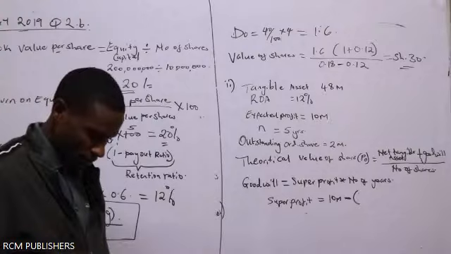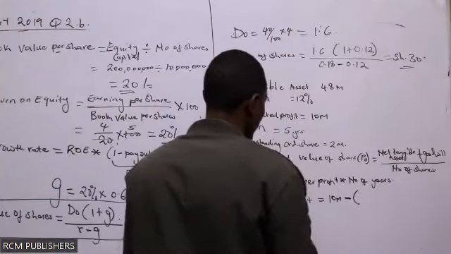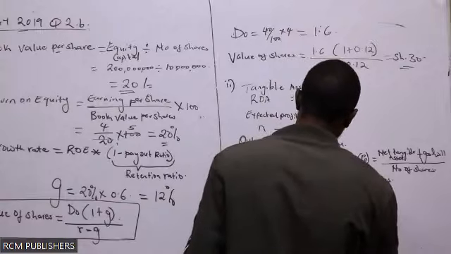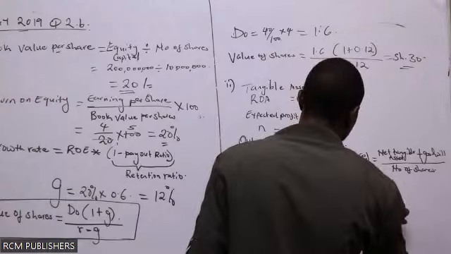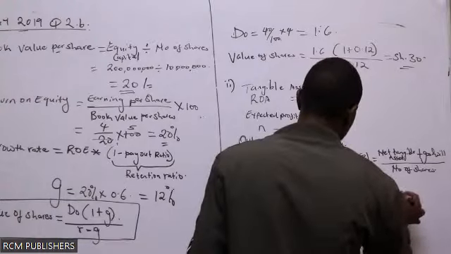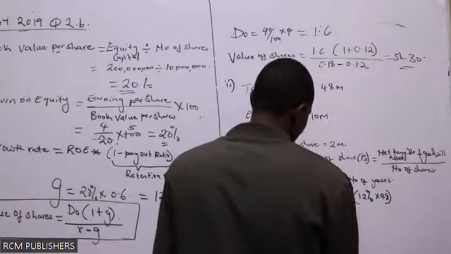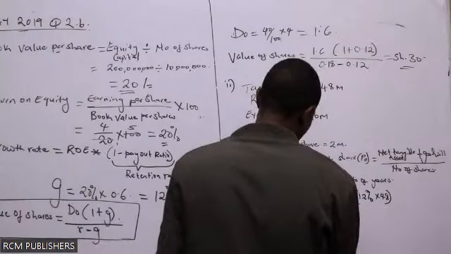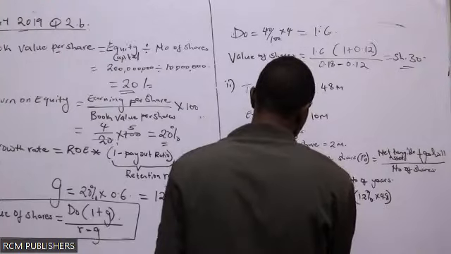Therefore, the rate of return is 12% multiplied by 48. Whatever you get here will be the super profit, and with that we'll be able to get our goodwill.